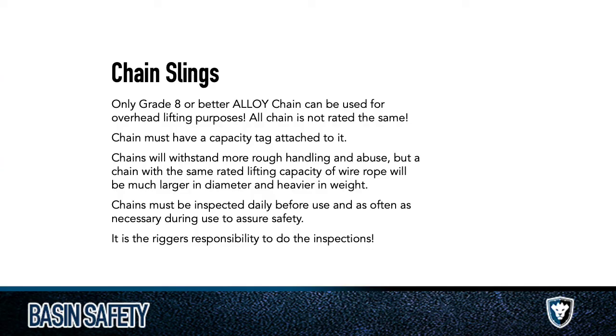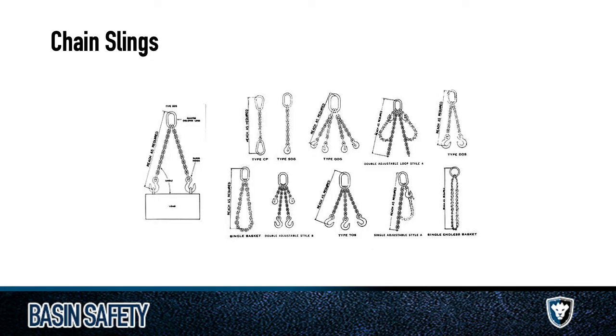Chain slings, there are a lot of regulations for chain slings as far as what you need, but plain and simple, for this course, just make sure the capacity tag is attached to it, and again, it's not damaged. There are no bends or kinks or out of round linkages, that they're in good shape. So here are some examples of chain slings. Again, just like your wire rope, you're going to have different ones, and they're going to have different uses.